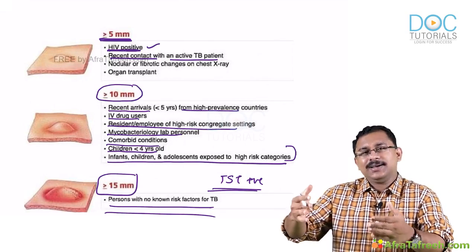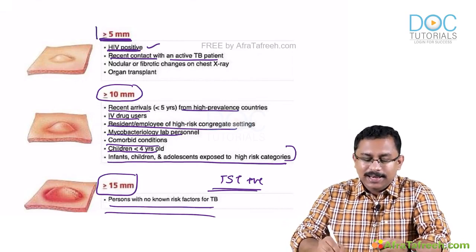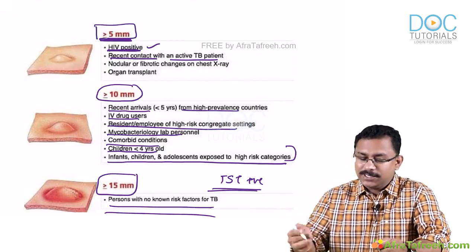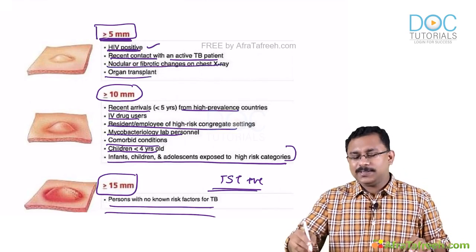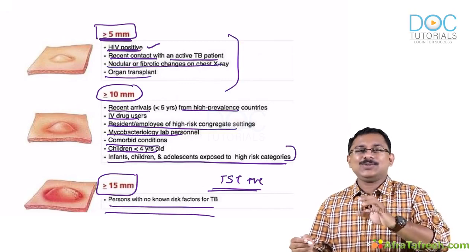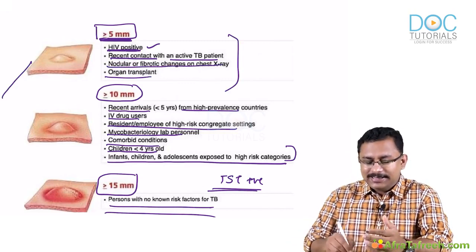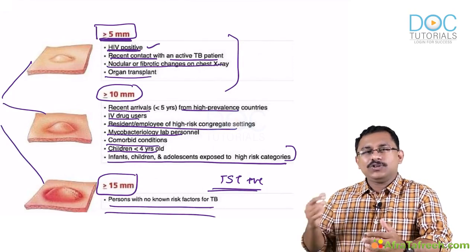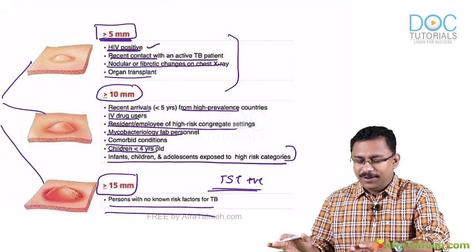But if he is staying with someone who is an active case of tuberculosis, then even more than 5 millimeter is positive. And nodular or fibrotic changes in the X-ray and organ transplant patients, in all these individuals above 5 millimeter is positive. So always remember the categorization of the tuberculin skin test to say a positivity. It's not the same for everyone.